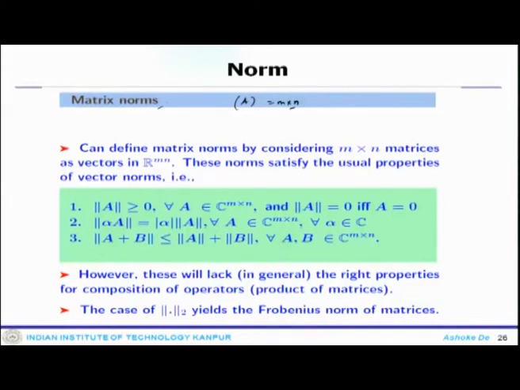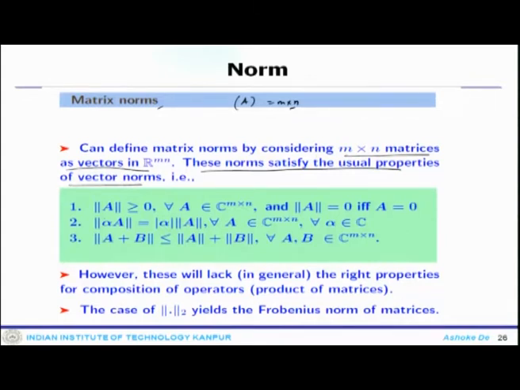One can define the matrix norm by considering M by N matrices as vectors in Rmn. Then these norms satisfy the usual properties of vector norms, which means those three properties that we have discussed for the vector norm are exactly satisfied in this case also.